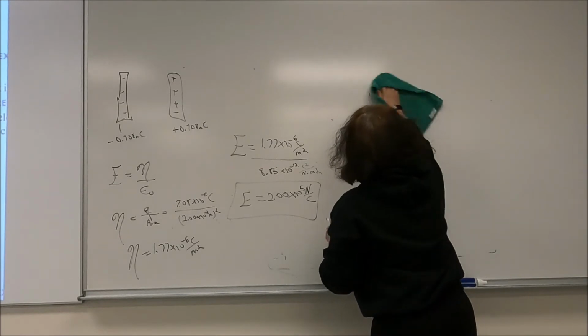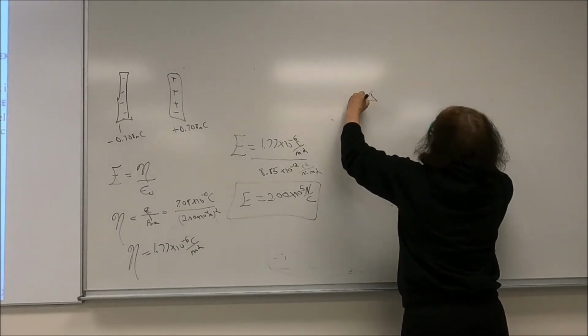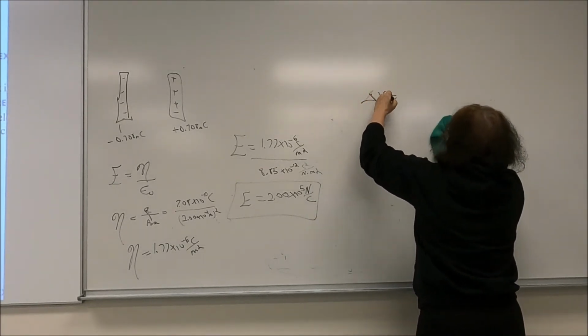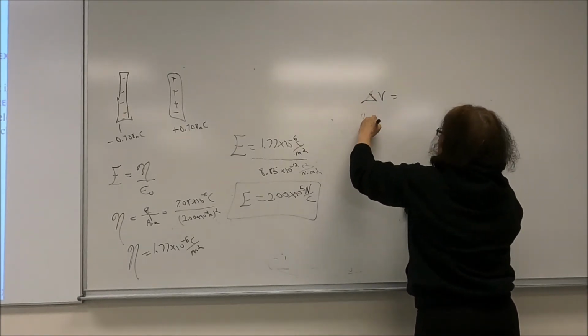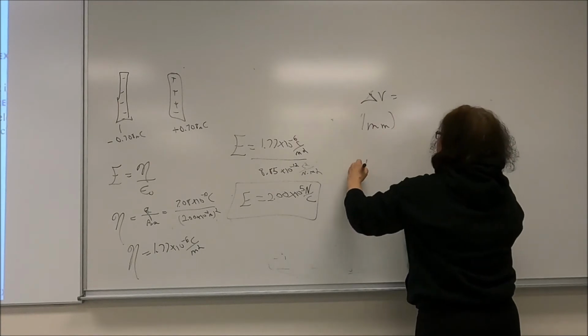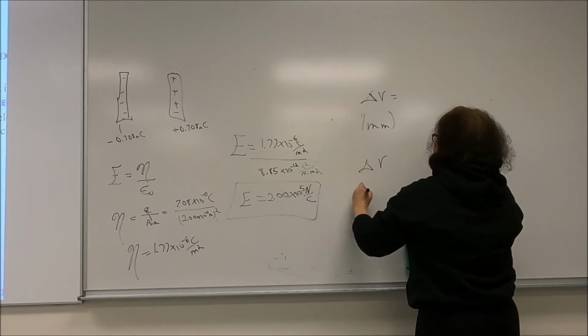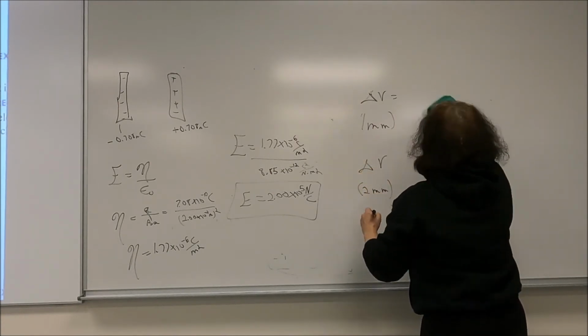The second thing we were asked is to find delta V for a 1 millimeter separation and delta V if we had a 2 millimeter separation.